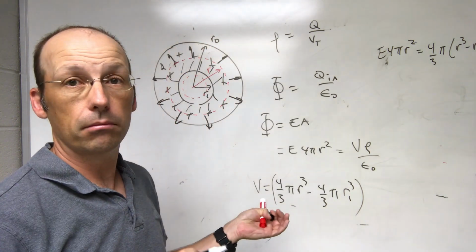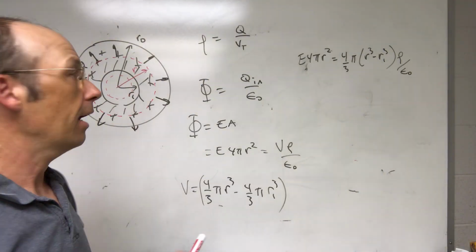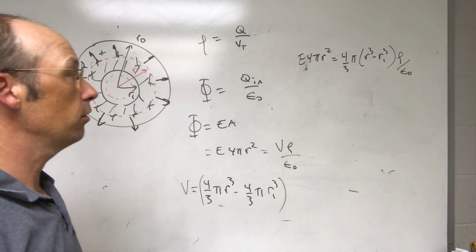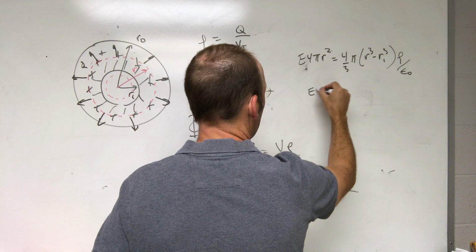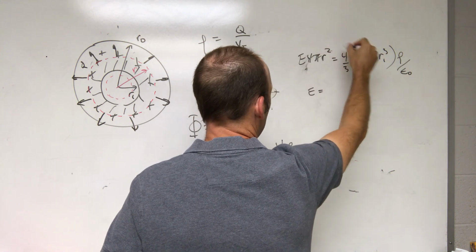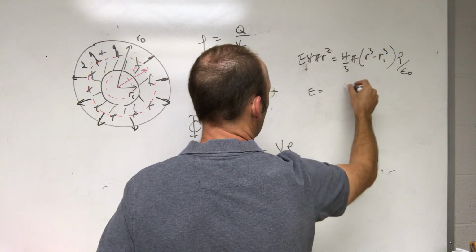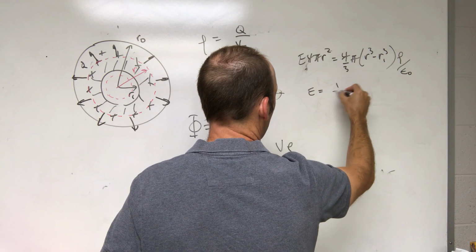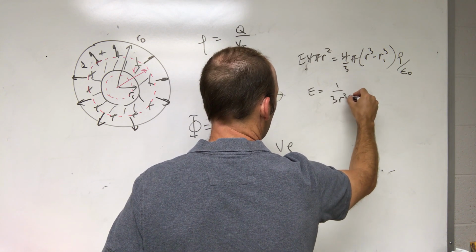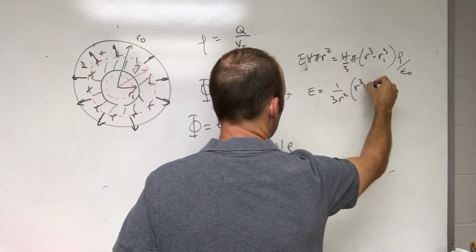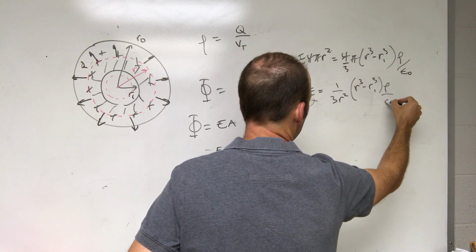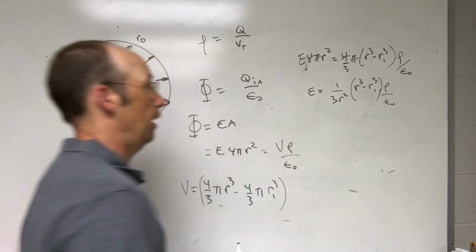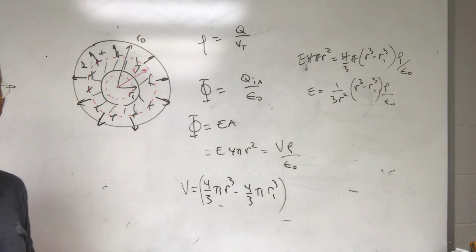I can just solve for the magnitude of the electric field by dividing both sides by 4 pi r squared. E equals, the 4's cancel, the pi's cancel, I have 1 over 3 r squared times (r cubed minus r1 cubed) times the density over epsilon naught. And that's the magnitude of the electric field.